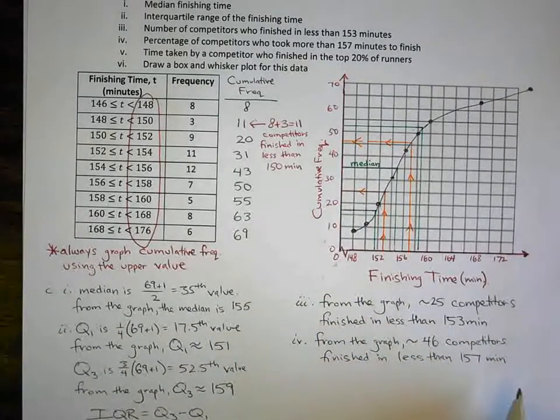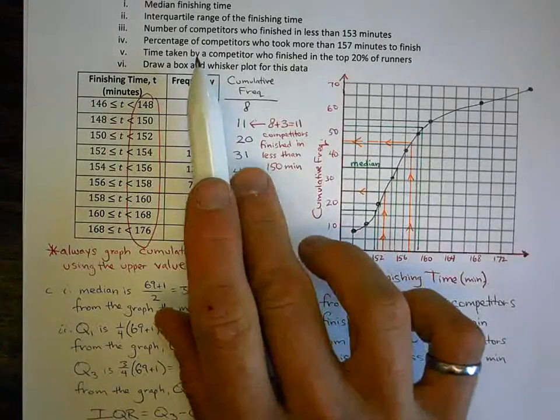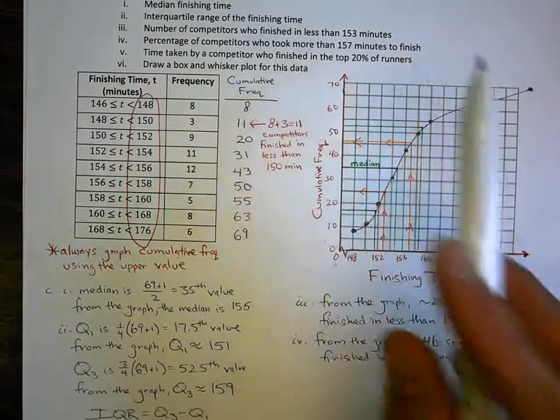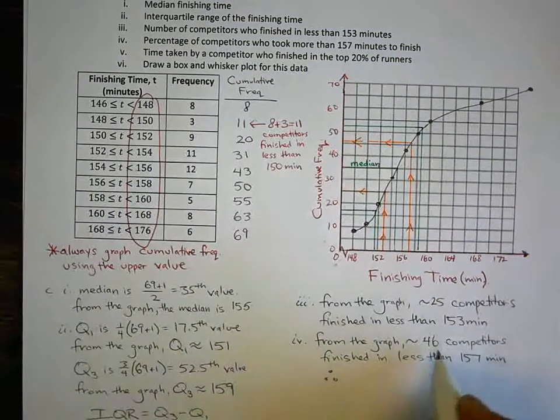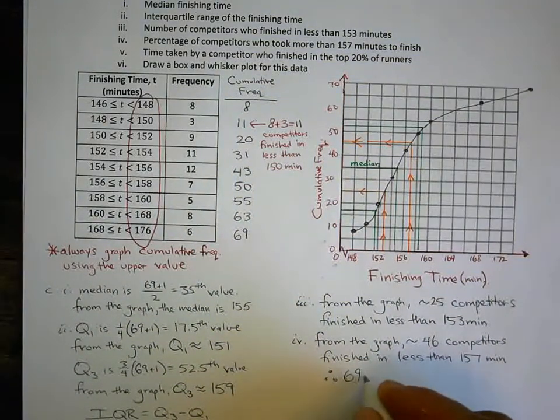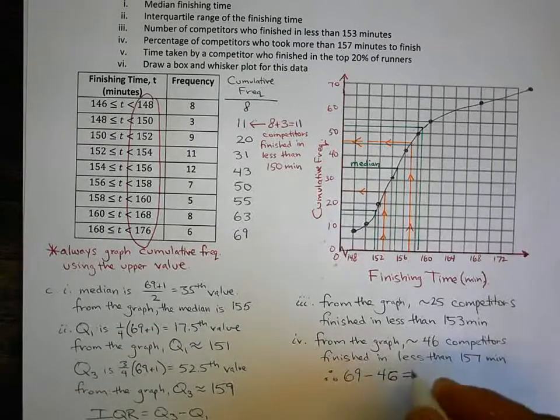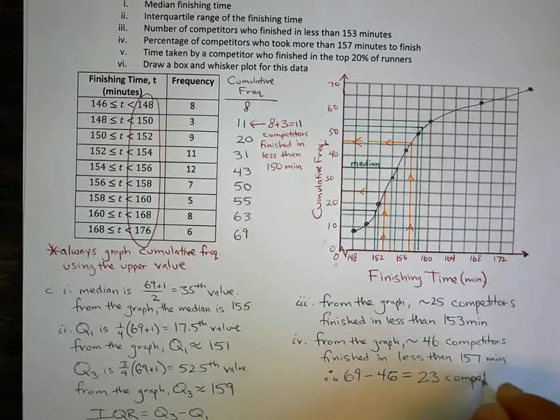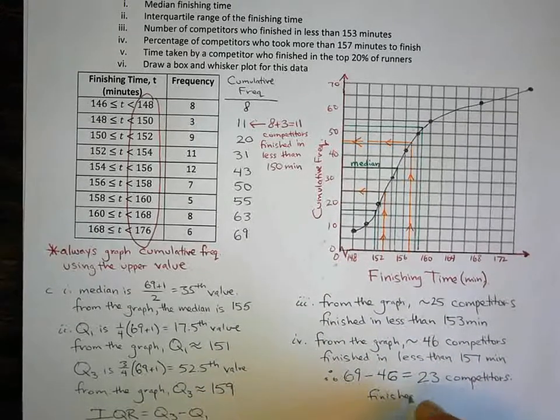But that's not what the question was asking. The question was asking the percentage of competitors who took more than 157. So we just found the number of competitors who took less than 157, and we have to find how many took more. There were 69 in total. If 46 of them finished in this time, then I subtract, and I get 23 competitors finished in more than 157 minutes.